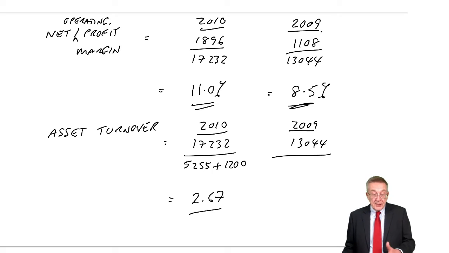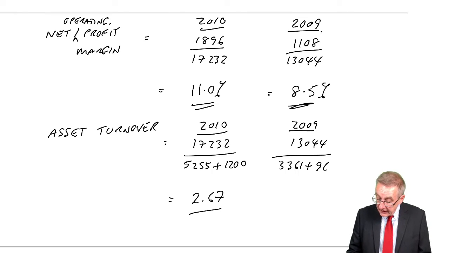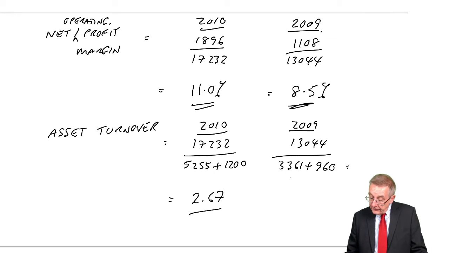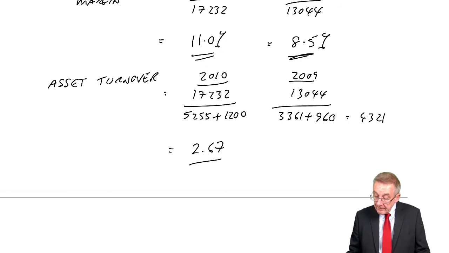The equity plus the long-term borrowing from the statement of financial position, equity 3361, long-term borrowing 960, a total, then, I don't forget, 4321, which I think is what I had before, isn't it? Oh, well, I didn't write it down.